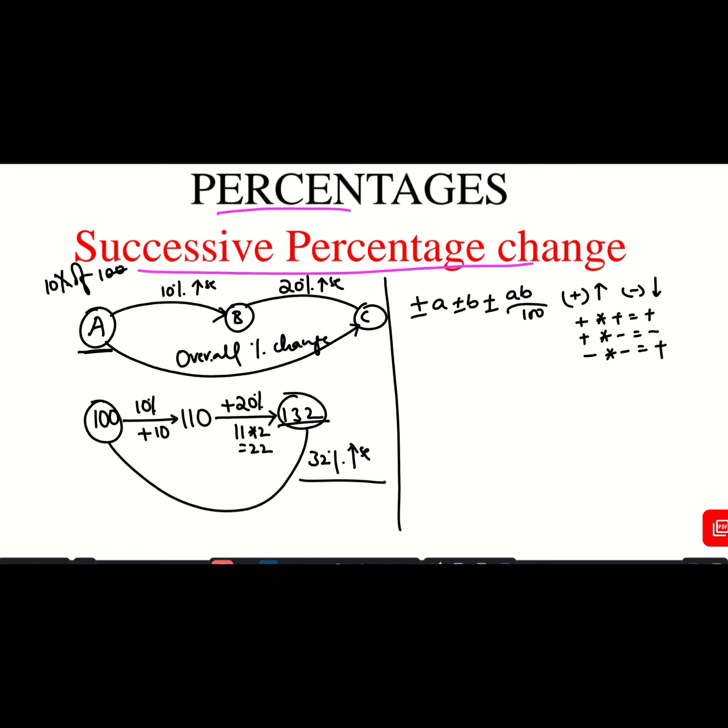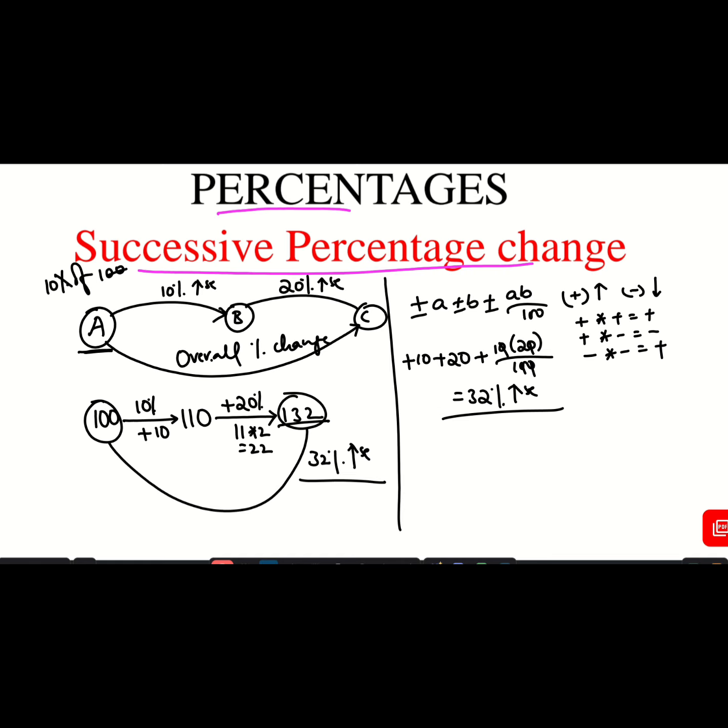In this case, both values are positive only. So 10 plus 20 plus 10 into 20 divided by 100. The zeros are cancelled. 10 plus 20 is 30, 30 plus 2 equal to 32 percentage is increase. So we are getting positive, and positive is nothing but increase.